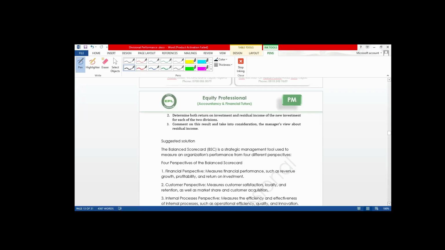As Equity Professional, we must ask ourselves, how many students will be willing to refer Equity Professional to other ICAN students? The students are our customers.